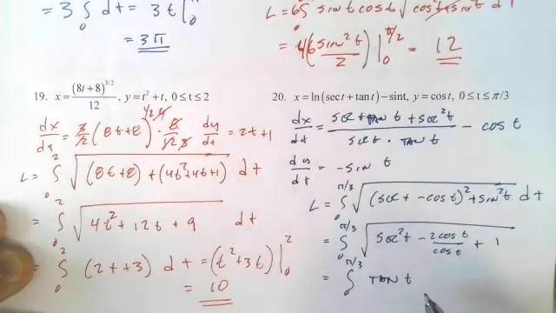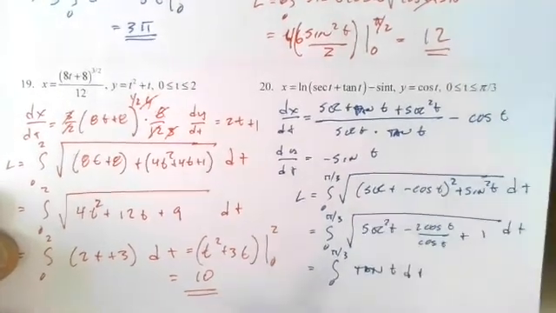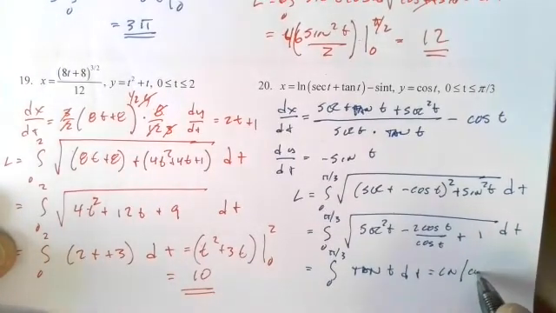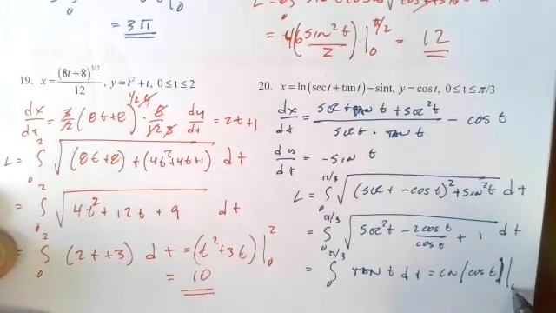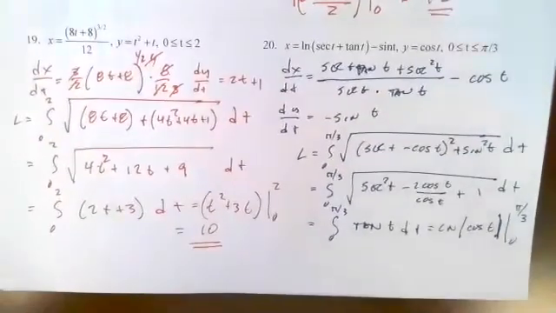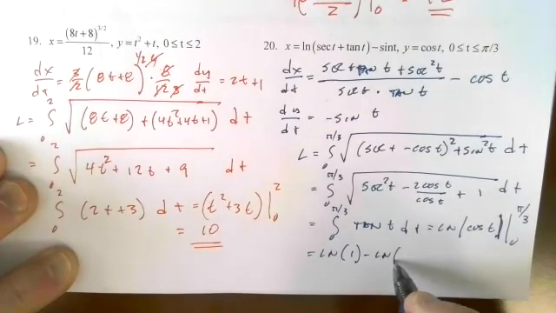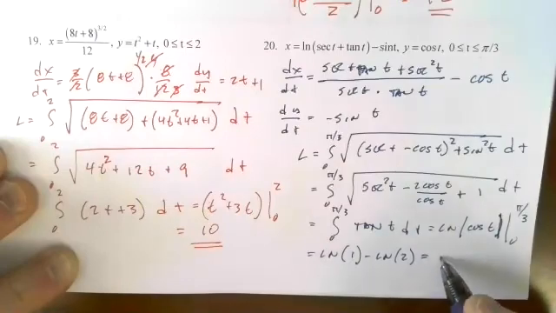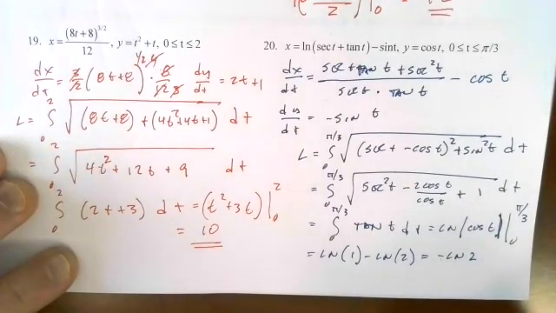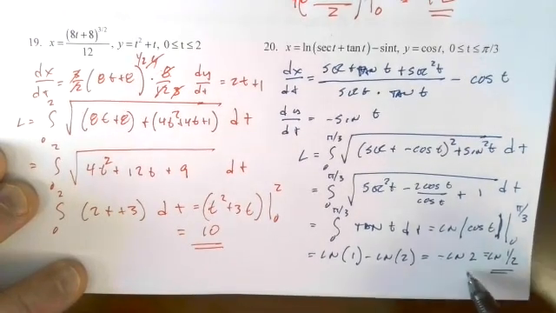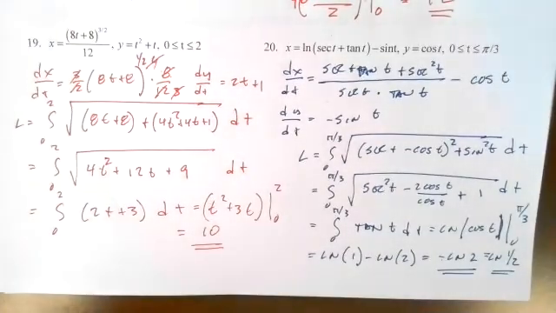Notice we haven't done any calculus yet. dt, which integrates to ln of cosine of t, from 0 to pi over 3, which is ln of 1 minus ln of 2, which is negative ln of 2, because ln of 1 is 0, which is ln of 1/2, I believe. Crazy times, huh? Wow. All right.